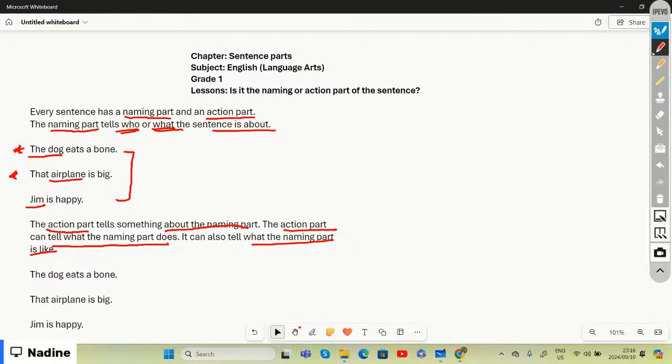Now we need to say what the dog is doing, and we can say the dog eats. That tells us what the dog is doing, and eats is the action part that tells us what the naming part, which is the dog, is doing.